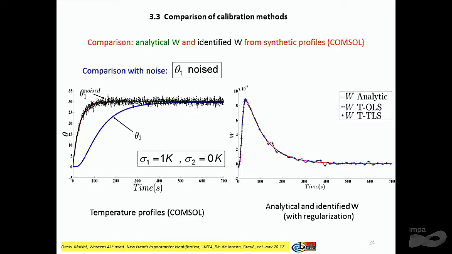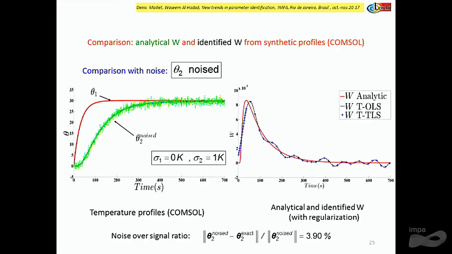There is not much difference, and the zero level is nearly conserved. Now we do the opposite. We add noise to the output and not the input. In this case, it's not as good. You have oscillation here, and also a shift of the maximum.